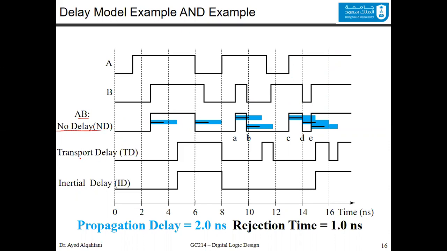Now, if you consider the transport delay only, you will have a certain transport delay. Let's assume it's 2 nanoseconds. So this 2 nanoseconds is pushing this curve in this direction for 2 nanoseconds.